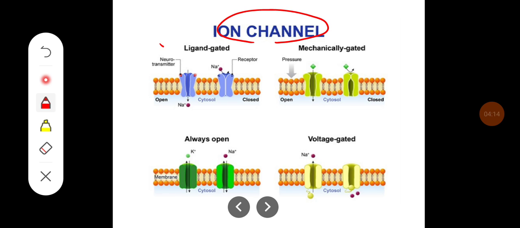So they can be ligand gated or mechanically gated, and some of the channels are voltage gated. Depending on the voltage, they open up, and some of the ion channels are always open, and ion transport occurs depending on the concentration gradient produced across the cell membrane.